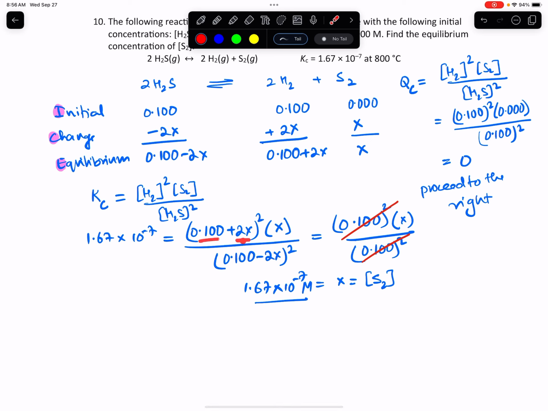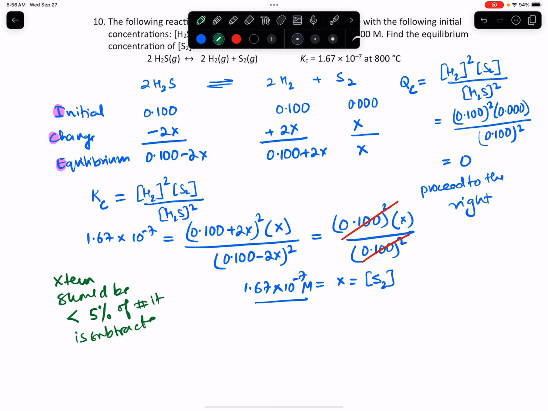If it is less than 5%, then your approximation is correct. So I'll write that down here: the x term should be less than 5% of the number it is subtracted from.